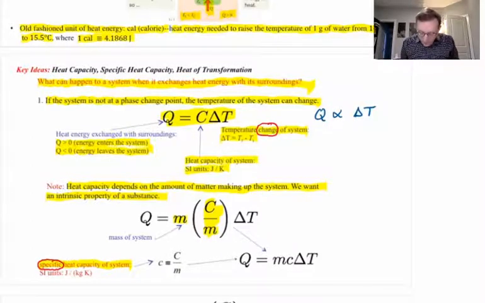Symbol, lowercase c. Yes, it's confusing because we've got to be really careful. Lowercase c means something different than uppercase C. And you can think of it as the heat capacity, capital C, divided by the mass of the system, the sample. So in a loose sense, specific heat capacity is heat capacity per unit mass.